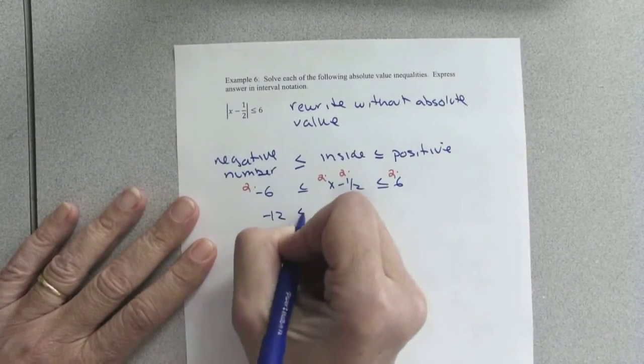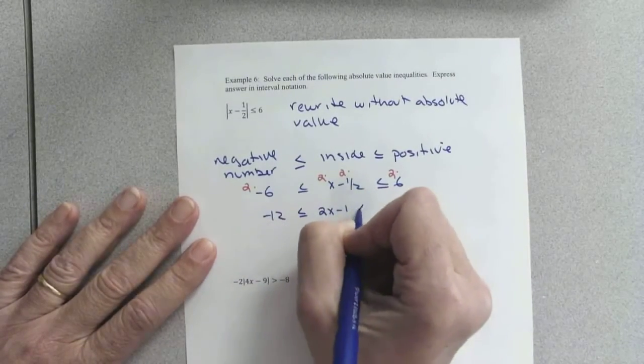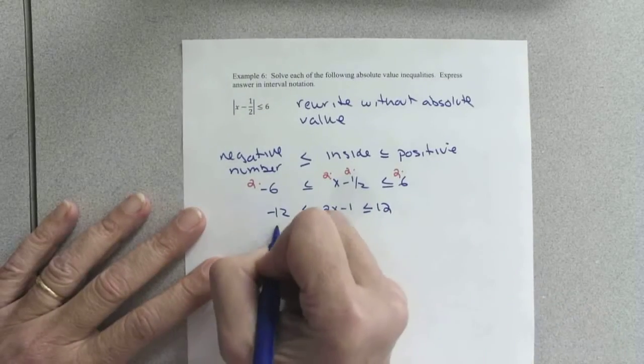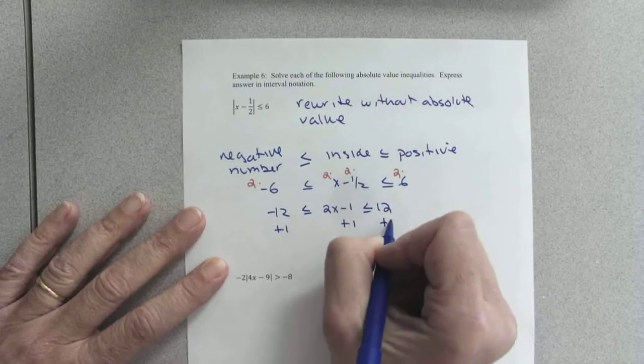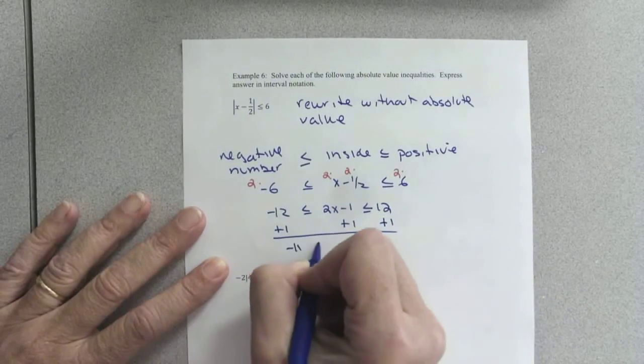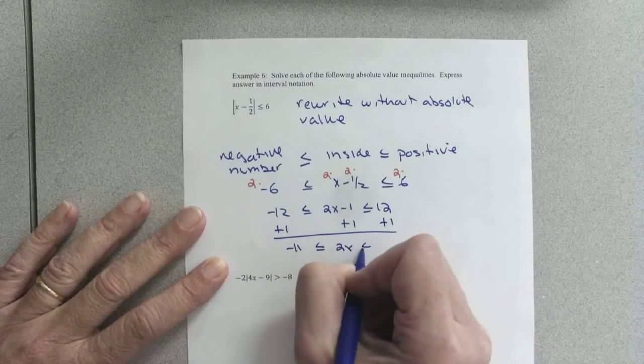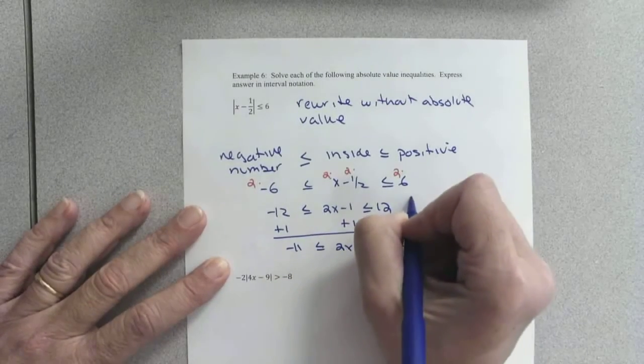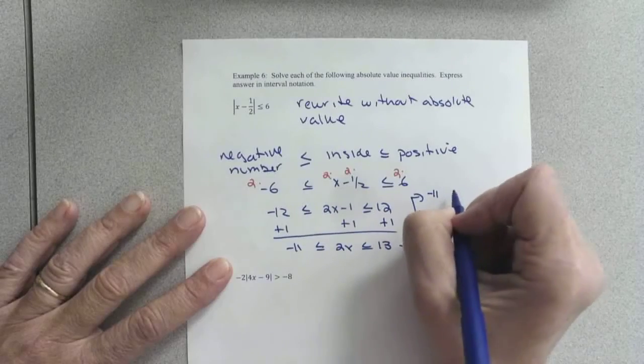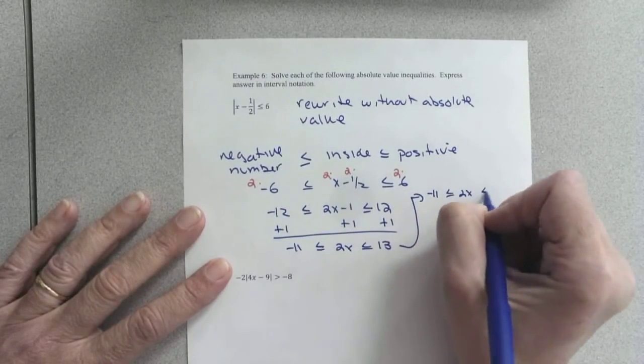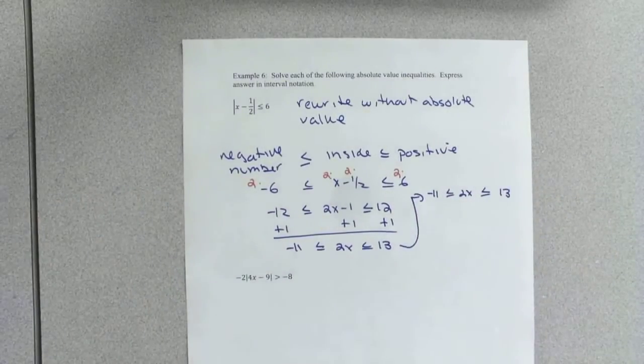So I get -12 less than or equal to 2x minus 1 less than or equal to 12. Add the 1, so -11 less than or equal to 2x less than or equal to 13.